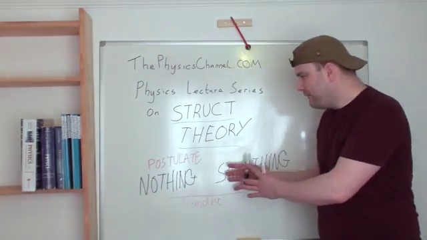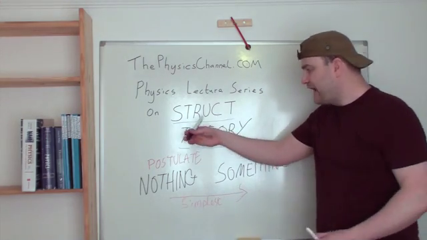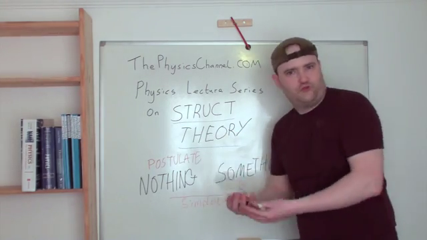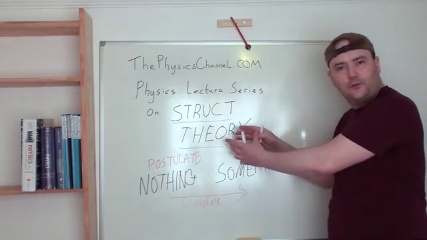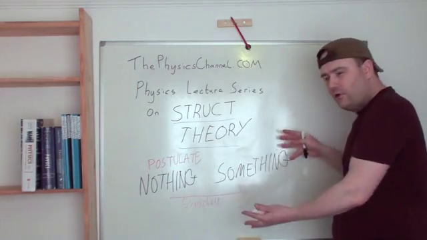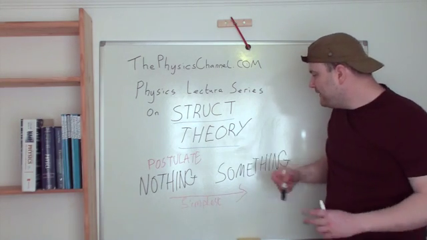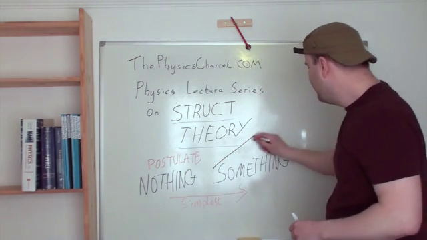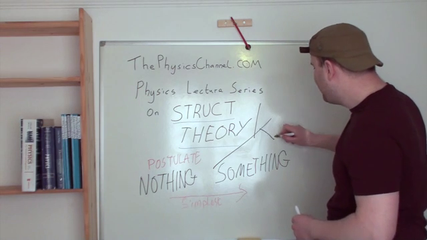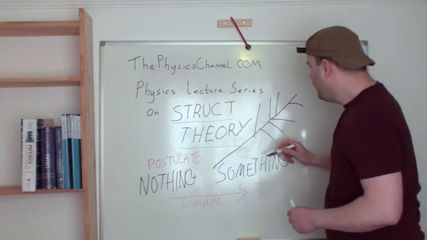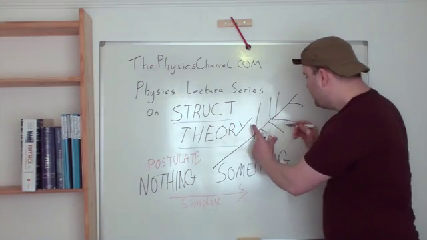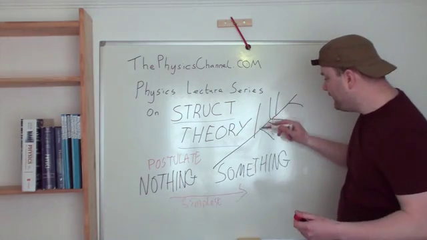So what we end up with in Struct Theory, which as the name suggests, structure is just an idea of how you get from nothing to some kind of a structure, is a whole set of step-by-step mathematical derivations, and then we set out to mirror that on what we observe in the universe.